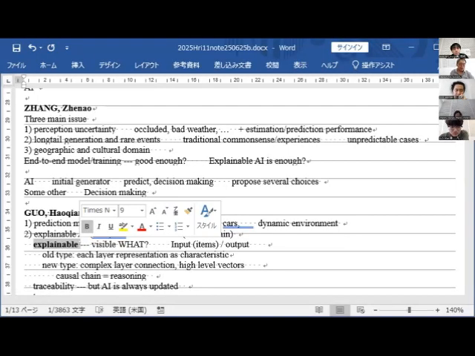Long tail problem means the various kinds of situations, and depending on that condition, how they decide their decision is what we want to know clearly. So I still regard it as a gray box. It's not the definite end-to-end black box, but we just could assume and guess how the AI thinks, but we don't know how the AI thinks.